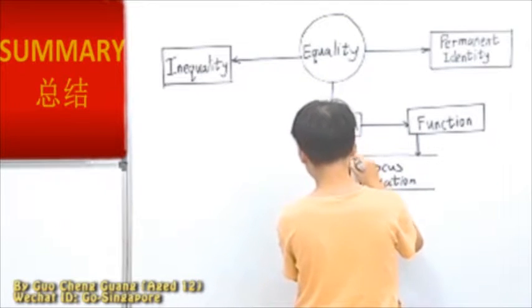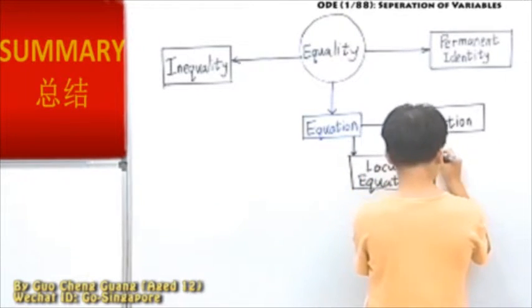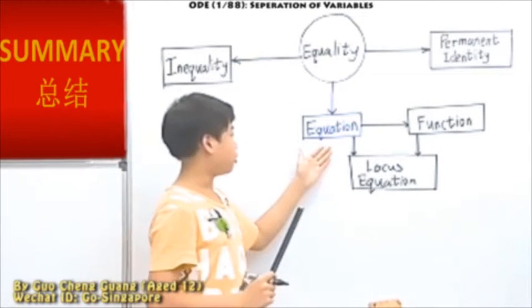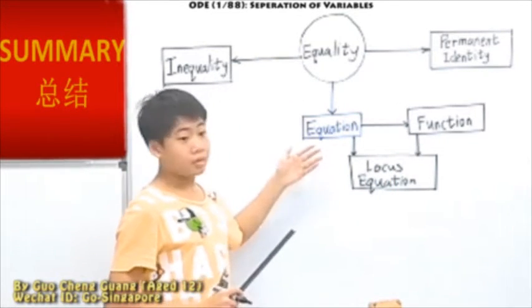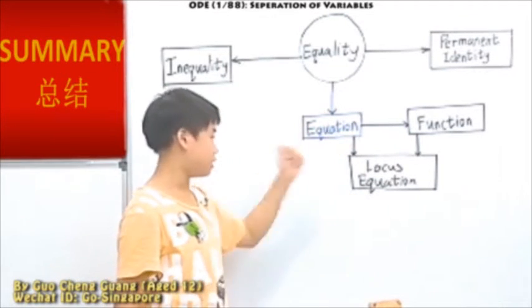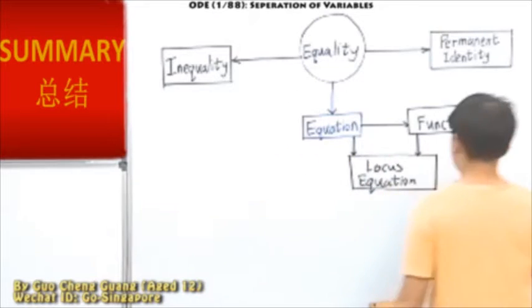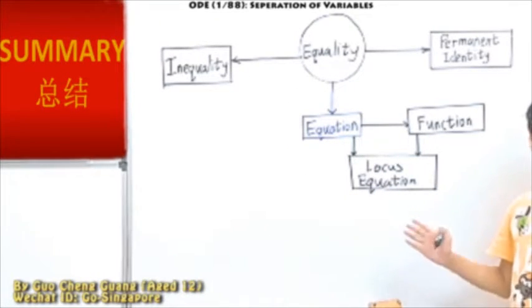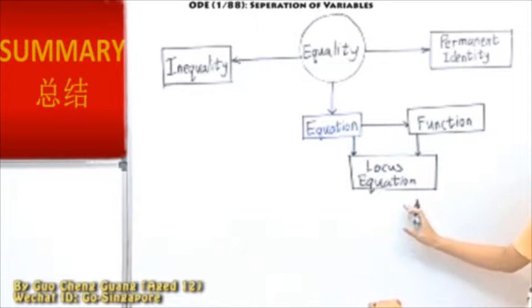There are no significant differences, but there is still a little bit of a difference. When you get it from equations, you'll most likely get an implicit form of this locus equation. But if you get it from functions, you'll most likely get an explicit form of this locus equation.